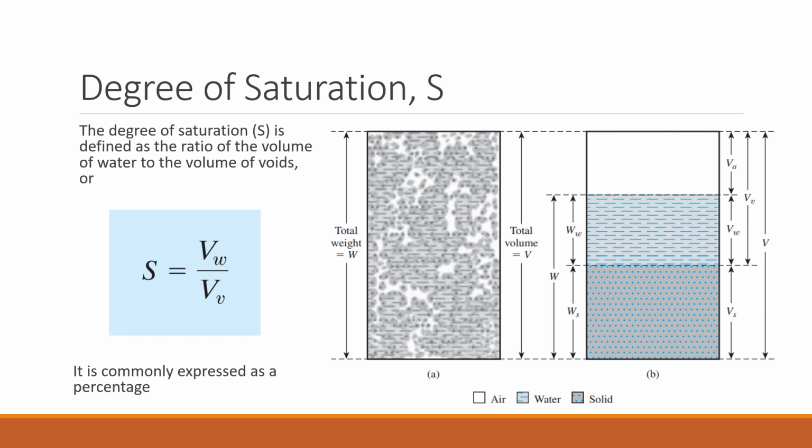Referring to our rectangle B here on the right hand side of the presentation, we have the volume of water here, which is part of the volume of voids, pero this time, volume of water lang atong gamiton. And then, i-divide mo na siya sa volume of voids, which is the summation na of volume of air and the volume of water.